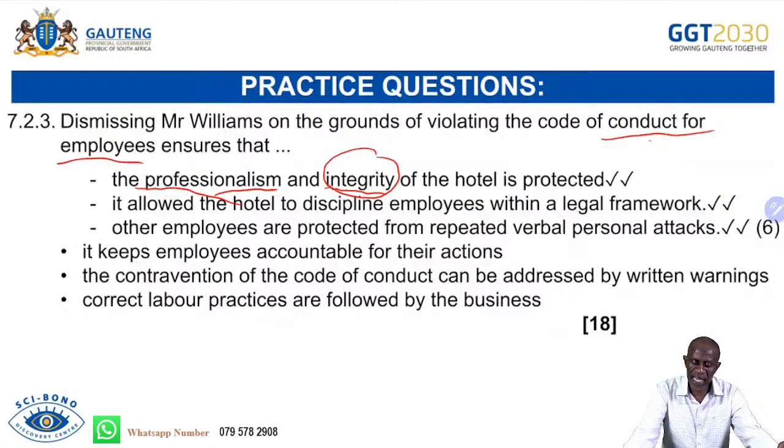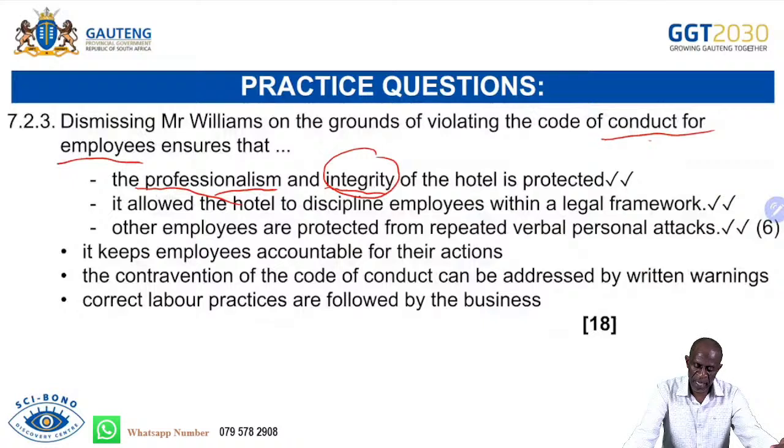It keeps employees accountable for their actions. So Mr. Williams acted in an unaccountable manner, so he needed to be disciplined. That was done in the form of verbal and written warnings, and eventually he was dismissed. He was expelled from work. The contravention of the code of conduct can be addressed by a written warning, which I have just alluded to.